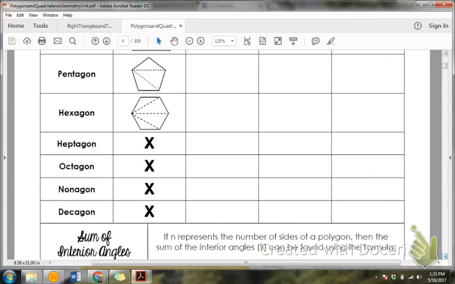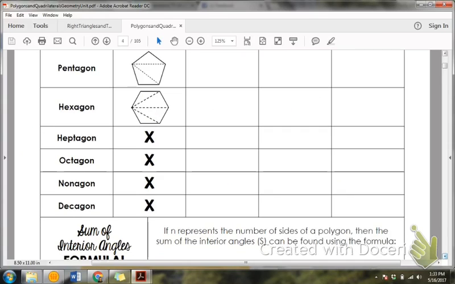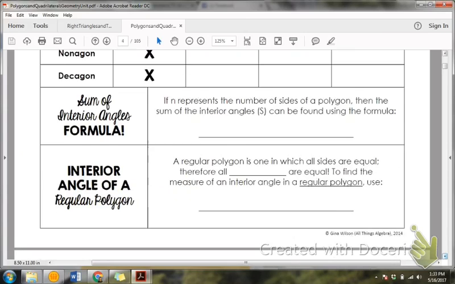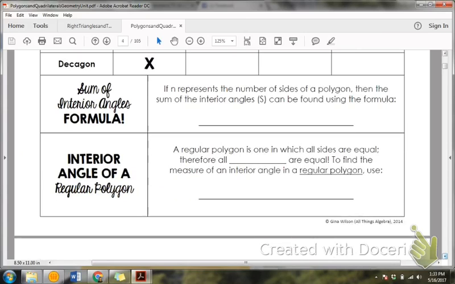Your formula is going to say S for the sum equals n minus 2, where n is representing the number of sides, times 180. Okay, we could agree with that.